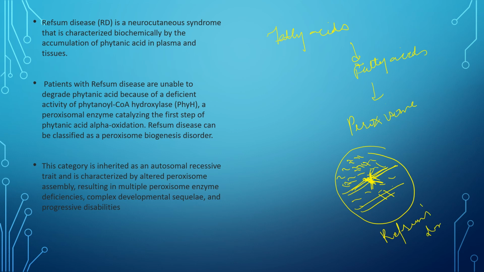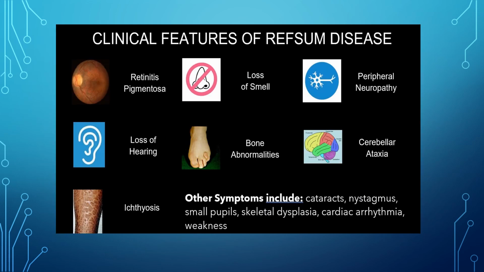Now let us understand what the symptoms of Refsum disease are. You can see the clinical features that start with retinitis pigmentosa, a feature in which there is altered dark vision, or what can be said as tunnel vision. The patients can just see in one specific direction, which is called tunnel vision.